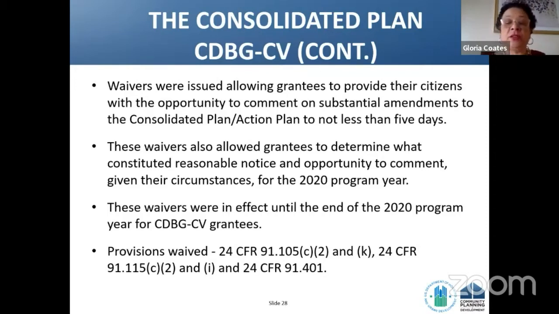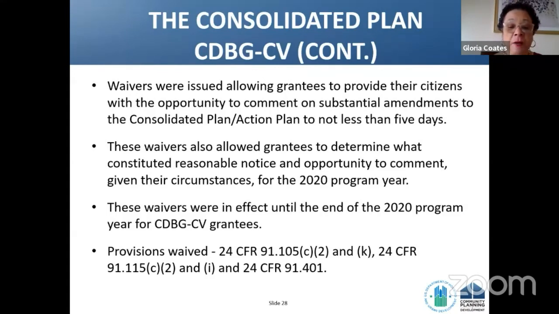Understanding that addressing the pandemic was an emergency, however, statutory requirements can't be waived and they must be met. The waivers also allowed grantees, you all, to determine what you consider to be reasonable notice and opportunity to comment, given the circumstances that you had regarding the pandemic for the 2020 program year. And a lot of the waivers that were given, as you see below, the provisions that were waived are identified below.